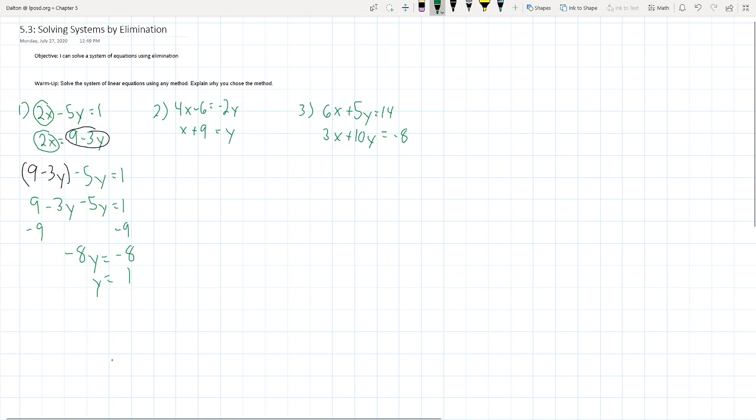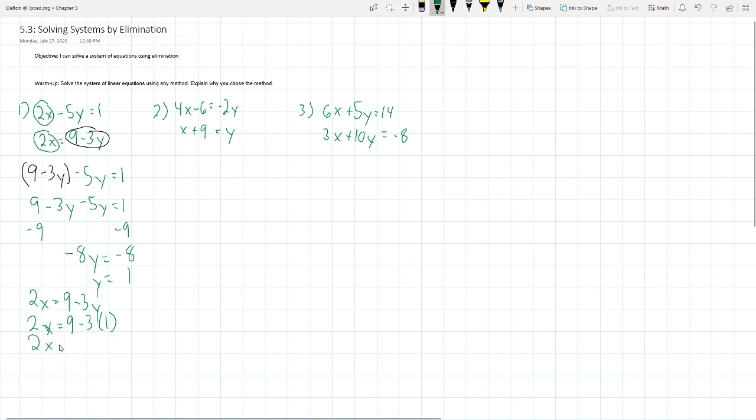I'm not done yet. So what I need to do is plug in 1 for y in one of these equations. I'm going to plug it into the second one. So I have 2x equals 9 minus 3y. So I get 2x equals 9 minus 3 times 1.